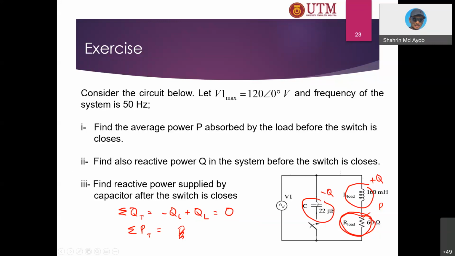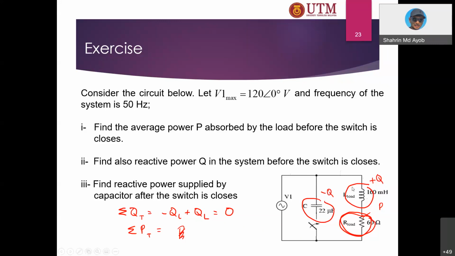Inside the box is just a capacitor, because this capacitor will reduce the reactive power, because we know that our load is an inductive load. It will produce positive Q. To minimize the Q, we need to introduce negative Q, and negative Q can only be obtained by installing a capacitor inside your house.